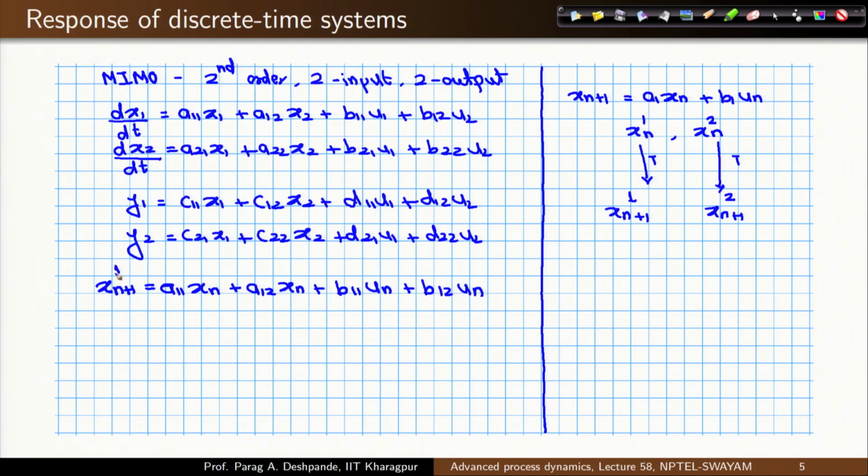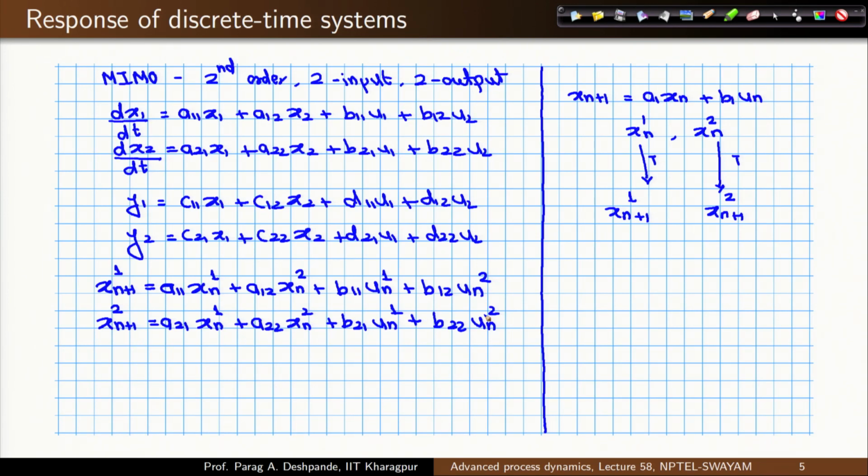Similarly, x 2 n plus 1 for the second variable would be a 2 1 x 1 n plus a 2 2 x 2 n plus b 2 1 u 1 n plus b 2 2 u 2 n. So, this is the discretized form of the dynamical variable.